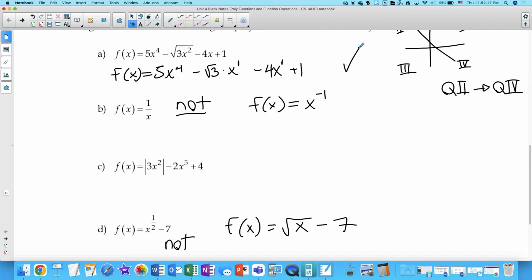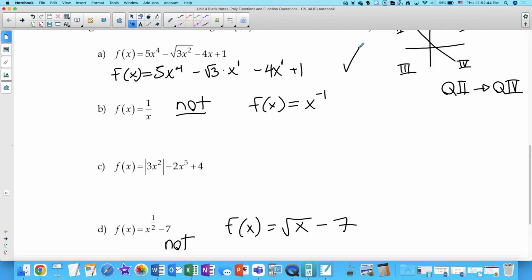What about this guy? f of x equals the absolute value of x squared minus 2x to the 5 plus 4. What do you think? Okay, so this one is really tricky. With absolute value, it kind of depends.